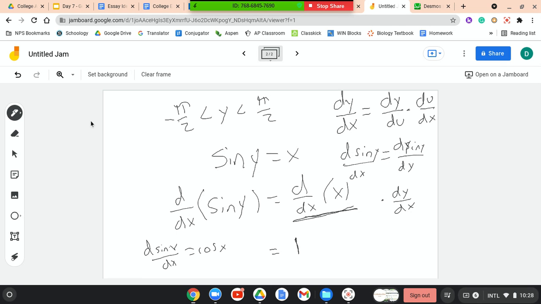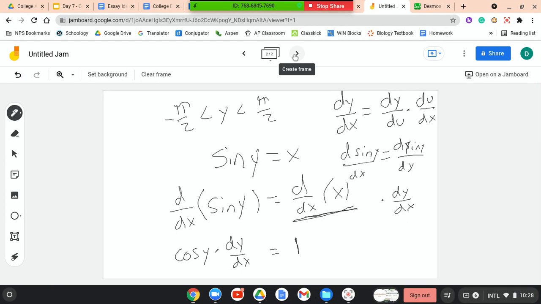It's the same thing, so it's just cosine y. So the derivative with respect to x of sine of y is cosine y, because that's the derivative of sine of y with respect to y. But then we have to multiply it by dy over dx, because we have to multiply by the derivative of y with respect to x. That's what the chain rule tells us.